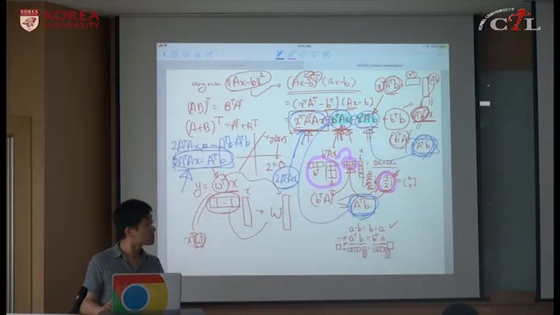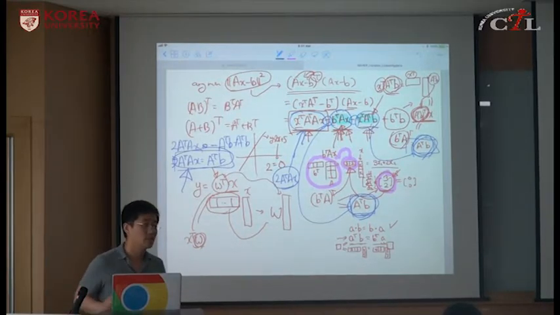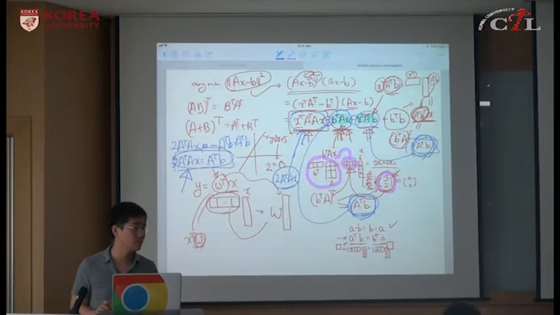Okay, so this kind of vector calculus or matrix calculus, if you are familiar with this kind of techniques or tricks, will open up some new and deeper insights in case you study machine learning and deep learning.